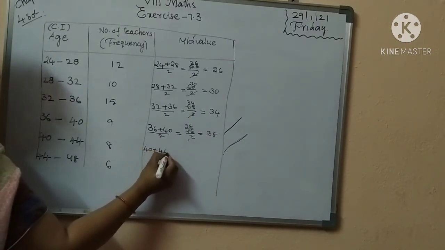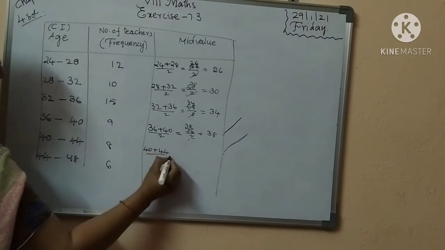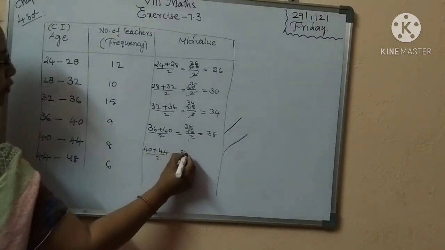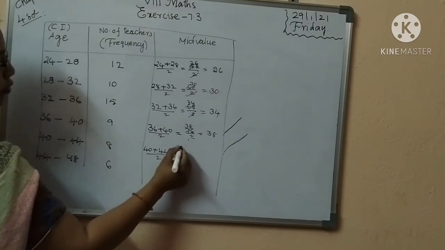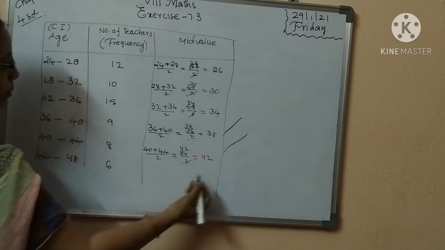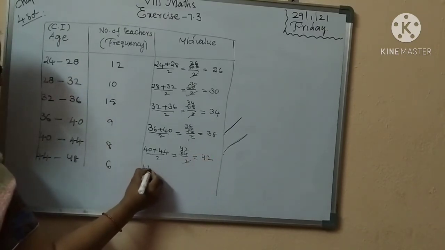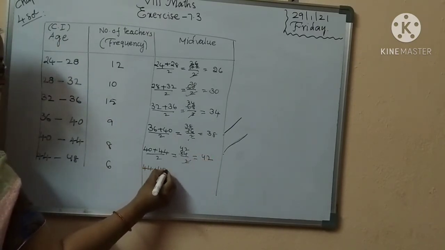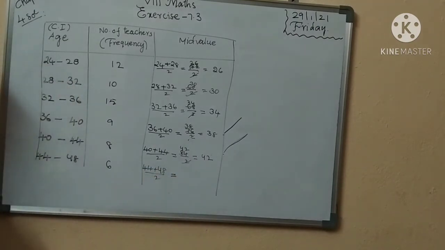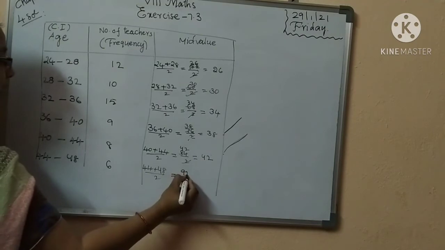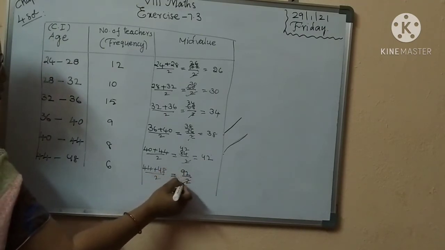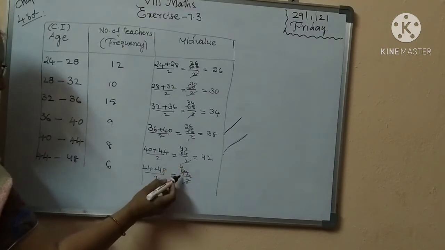40 plus 44 by 2, 84 by 2. 4 2s are 8, 2 2s are 4. So 42. Next, 44 plus 48 by 2 equals 92 by 2. 4 2s are 8.